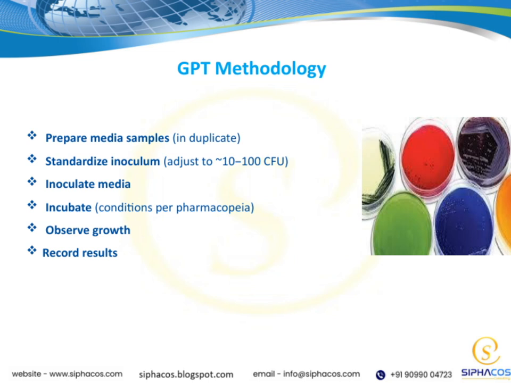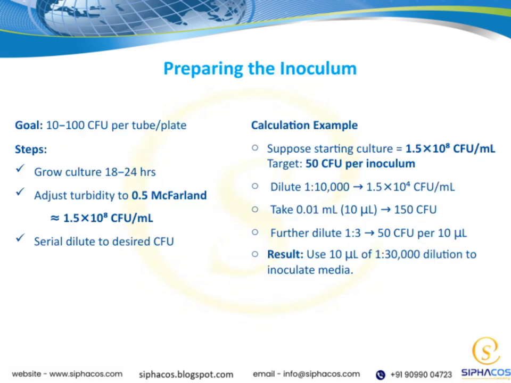Let's walk through a calculation example to clarify how we determine the right inoculum. Suppose our starting culture has about 1.5 × 10^8 CFU per milliliter. Our target is to inoculate with roughly 50 CFU. First, we dilute the culture 1 to 10,000, which brings our concentration down to about 1.5 × 10^4 CFU per milliliter.